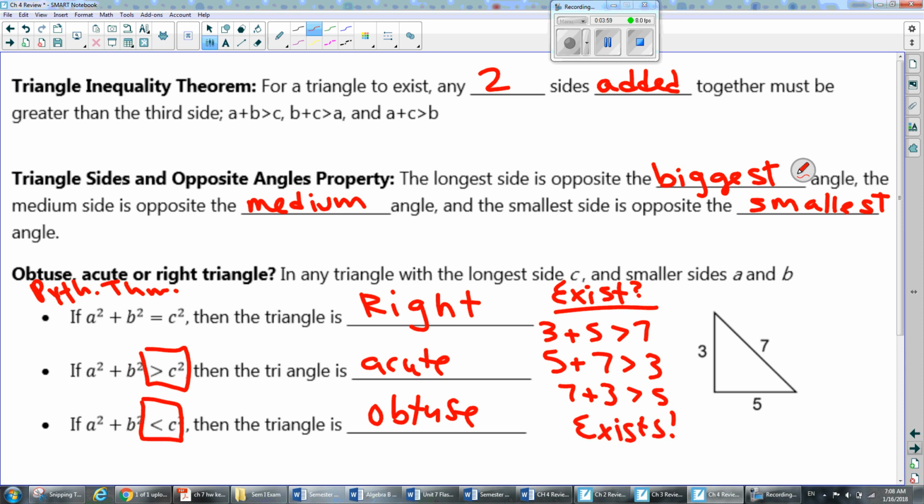Now we have to take the small side and the medium side and see how that relates to the big side squared. 3 squared is 9. 5 squared is 25. How does that relate to 49? 36 would be less than 49, so this is obtuse.